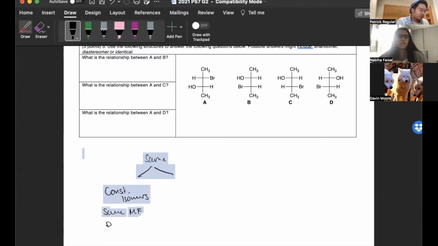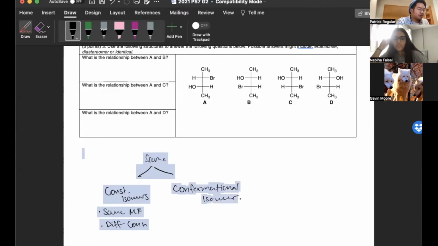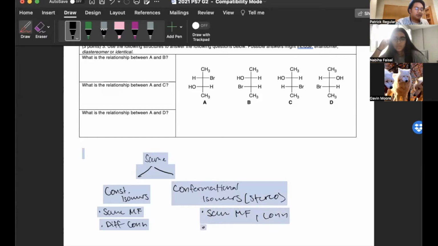Then there are conformational isomers, or stereoisomers. They have the same molecular formula and connectivity, but a different spatial arrangement.